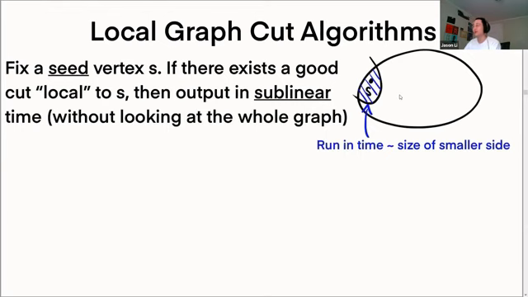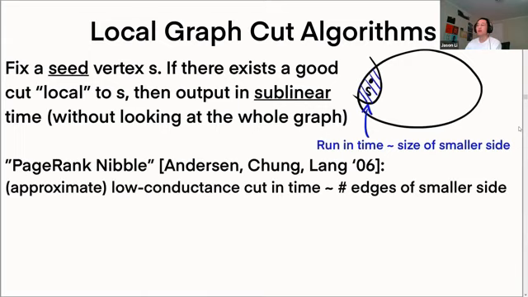Ideally, we would run in time roughly the size of the smaller side, the side containing S, because we need to output that for the problem. So optimally, we will be running in just that time itself. This technique has been used in the now well-known Nibble algorithm, which is a local algorithm to compute an approximate low conductance cut in the graph.